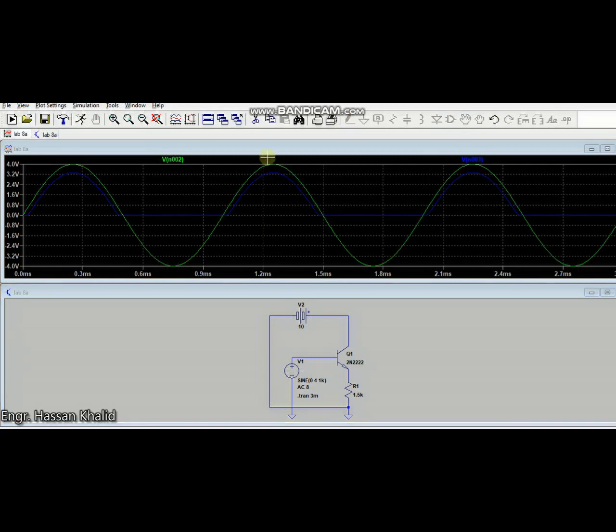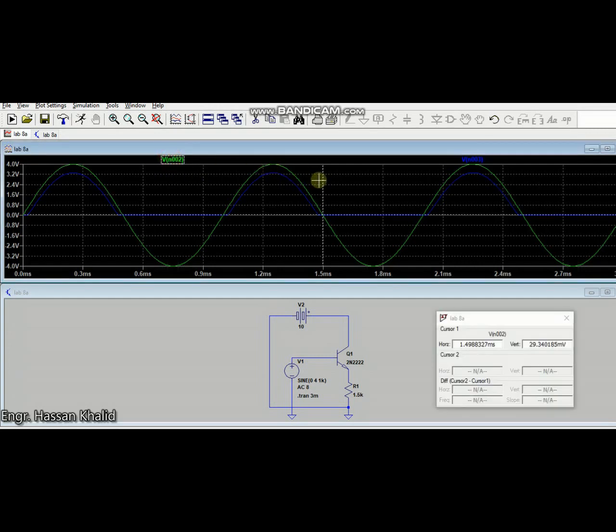From this figure you can easily realize that the green signal is our input signal, whereas the blue is the output taken from the emitter side. If you observe this figure, there is a difference between the amplitudes: the output amplitude is a bit less than that of the input signal. Let us measure it. The maximum value is approximately 4 volts, exactly 3.99 volts.